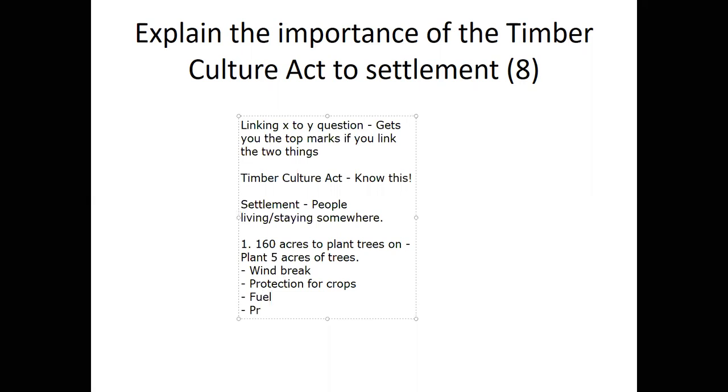You could talk about housing and how it would have potentially removed the sod houses, which was going to be a lot more healthy and a lot quicker at times potentially as well. You could mention that the Culture Act provided an extra piece of land to help develop farming.